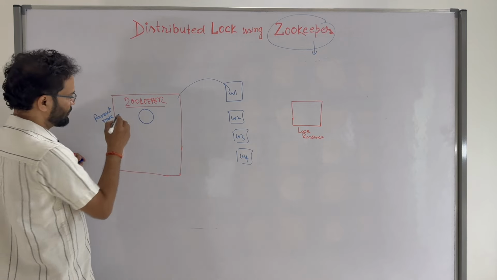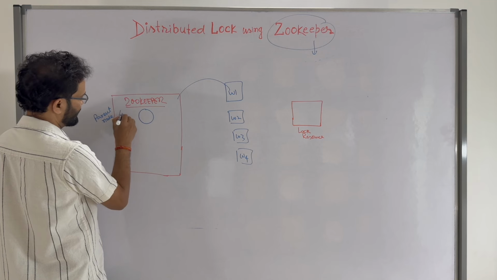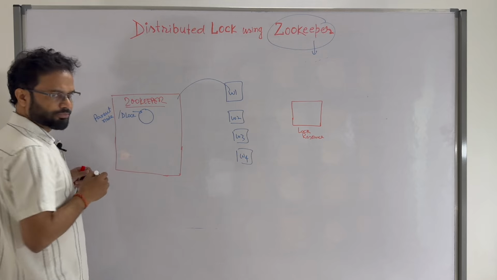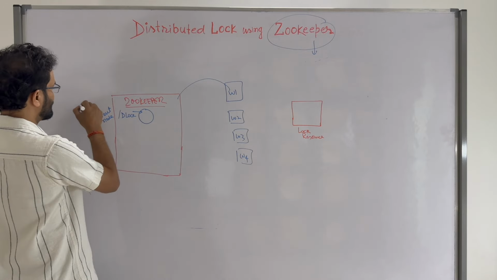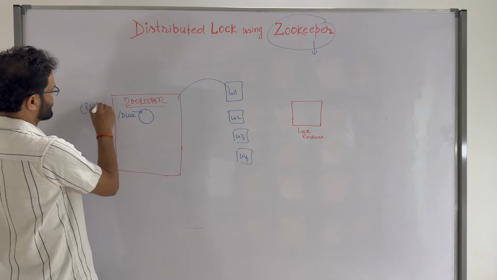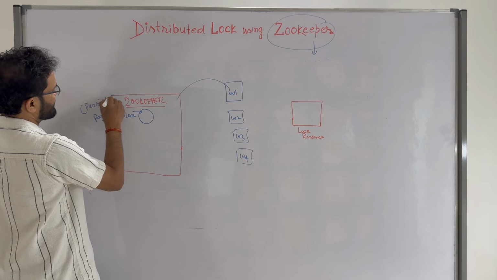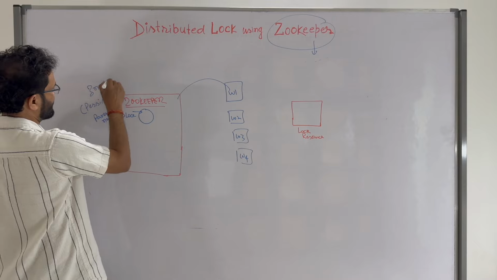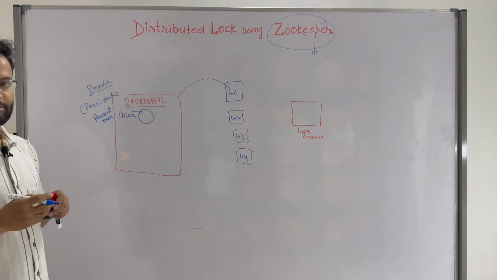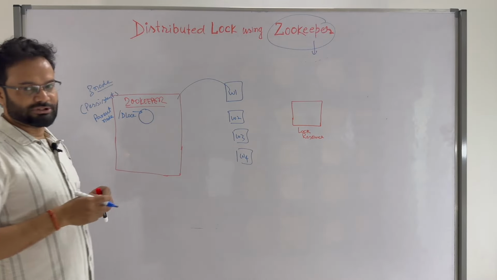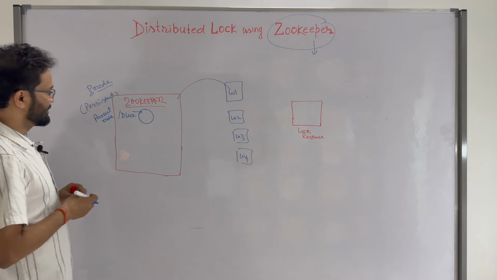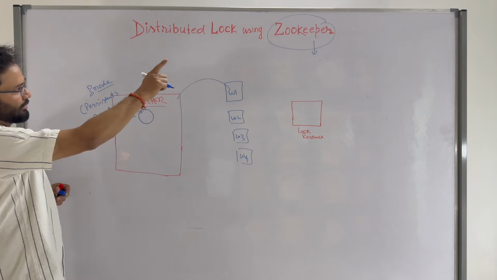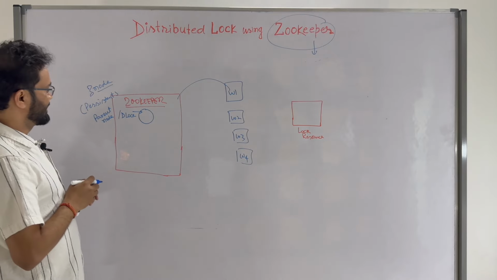Give it one name, you can call it distributed lock, and make this node persistent. What is a persistent node? This is a Z node. In my previous video I have explained many times what a Z node is. You can go and see that. I will give the link, and this is the video where you can get all the ideas, right?